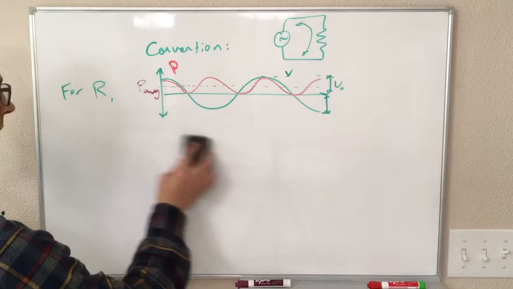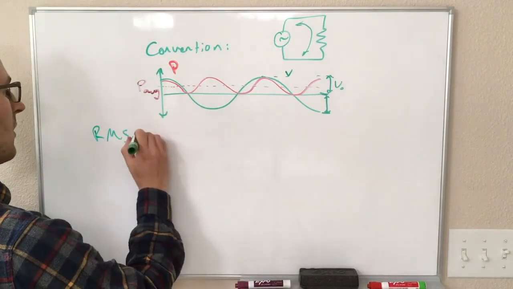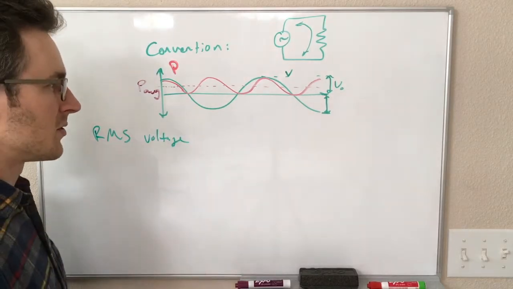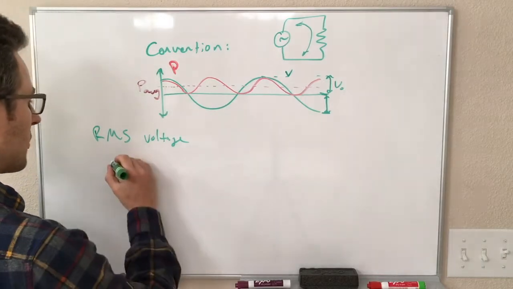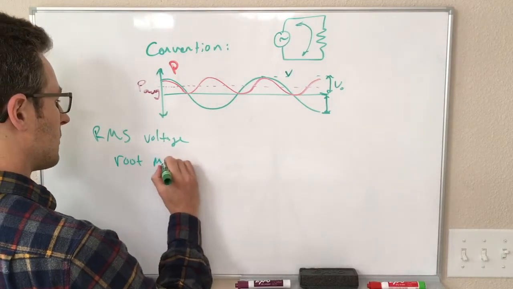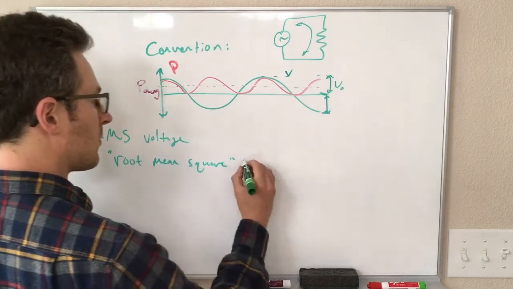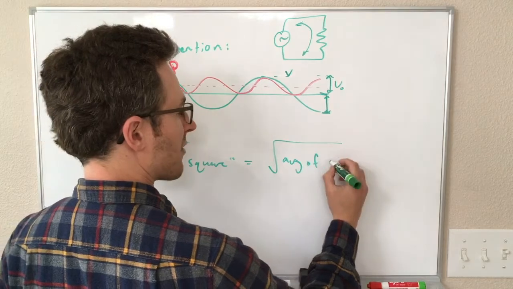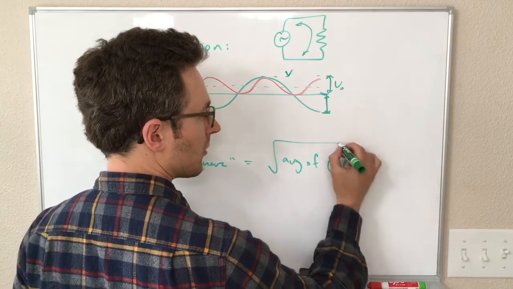We can remember all that, I think. So the RMS voltage, that's the root mean square, so that is the square root of the mean of the square. Square root of the average of whatever our quantity is squared.